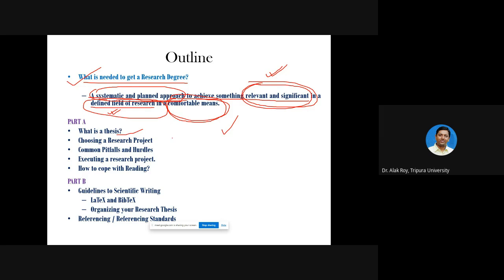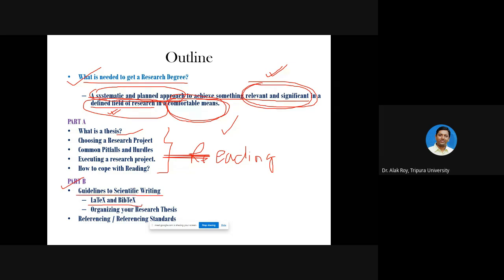Then after covering this part A, it is a part of reading. Then we'll cover the writing part. Part B is writing, how to write in LaTeX and how to use BibTeX, a guideline to scientific writing. Then how to organize a research thesis, then how to give references.